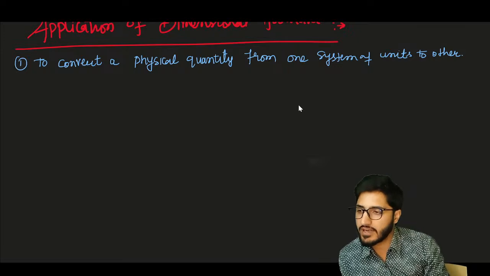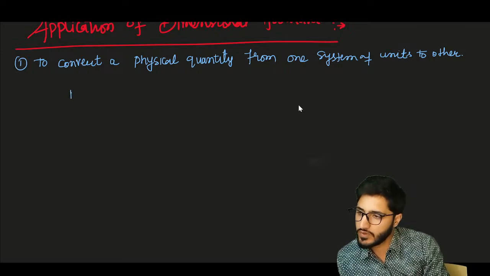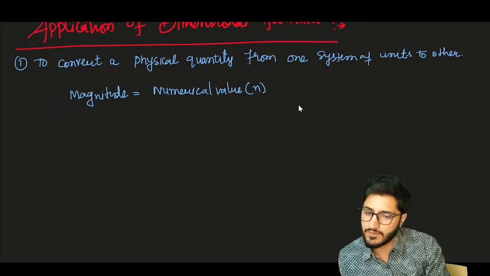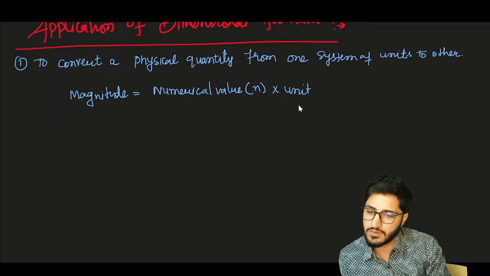So what can we write now? We can write magnitude is equal to numerical value, that is n, multiplied by unit, which is u. It is always constant.